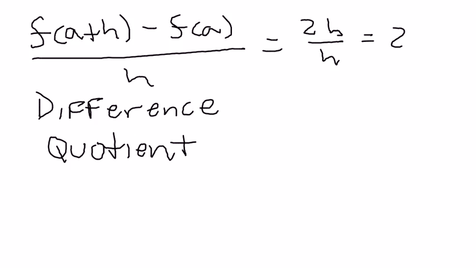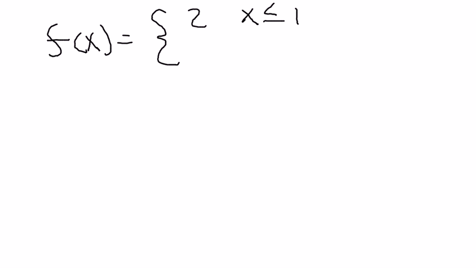Another thing that you'll have in this section that we do a little bit with here initially is some piecewise functions and some graphing. So say we have something like f of x equals 2 if x is less than or equal to 1, and let's say that it's going to be x if x is greater than 1.